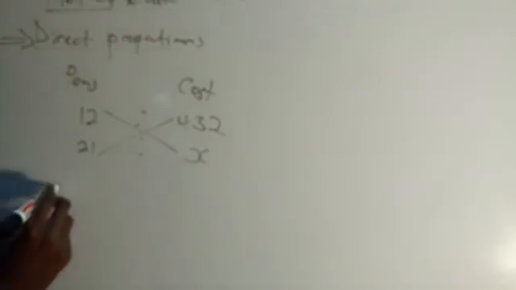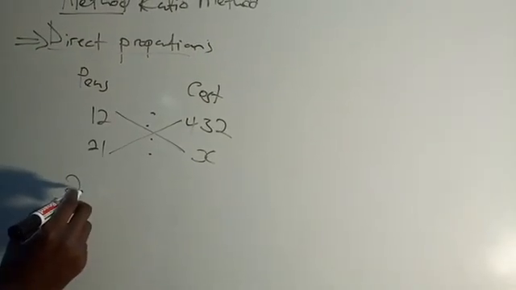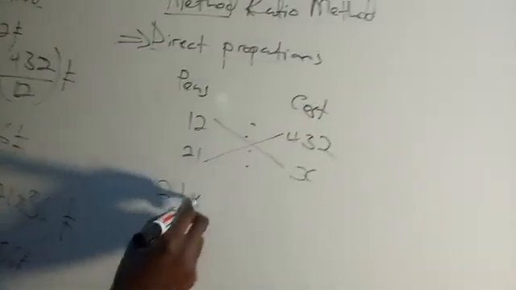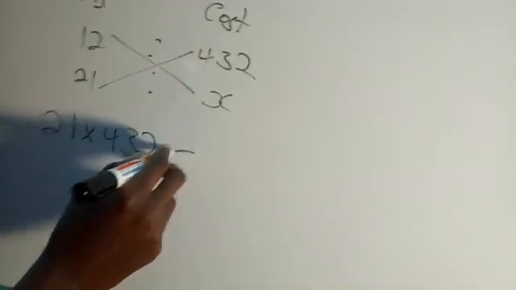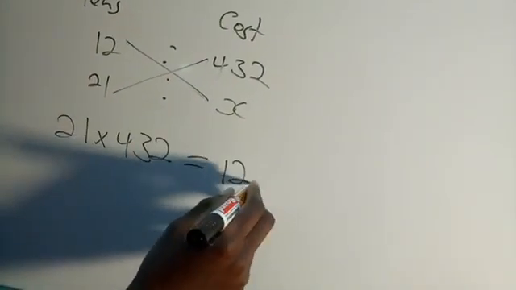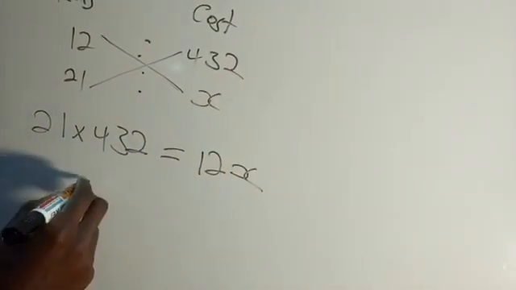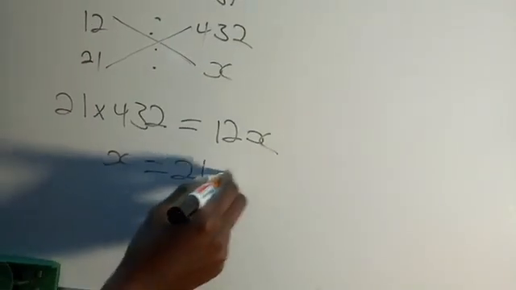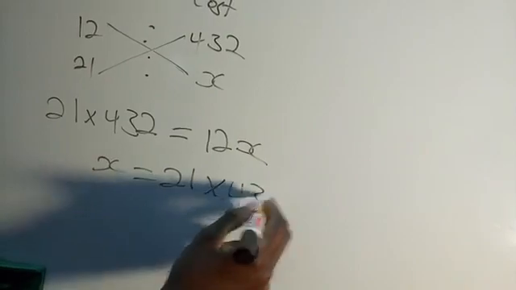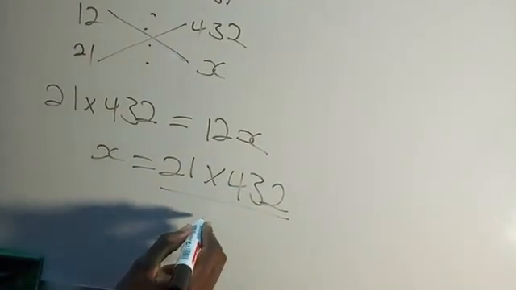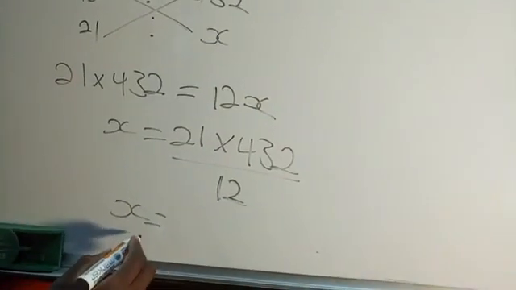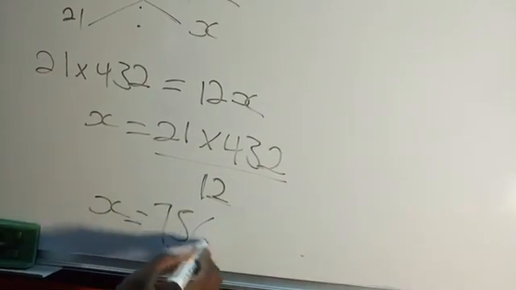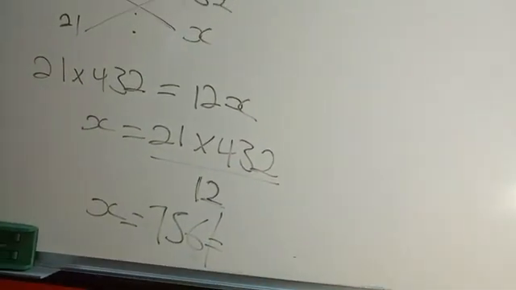We shall see 21 times 432 equals 12 X, getting X as 21 times 432 over 12, getting X as 756 shillings.